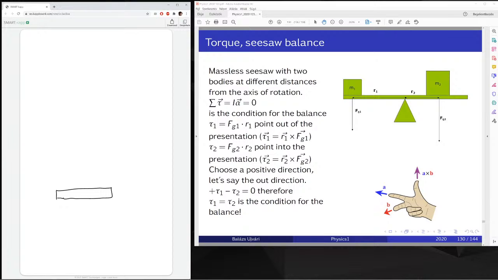All right. We have a massless seesaw and place M1 and M2 at R1 and R2.